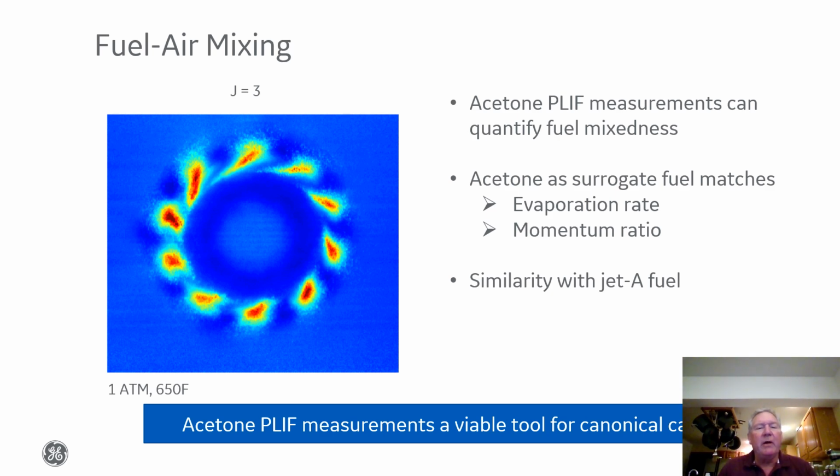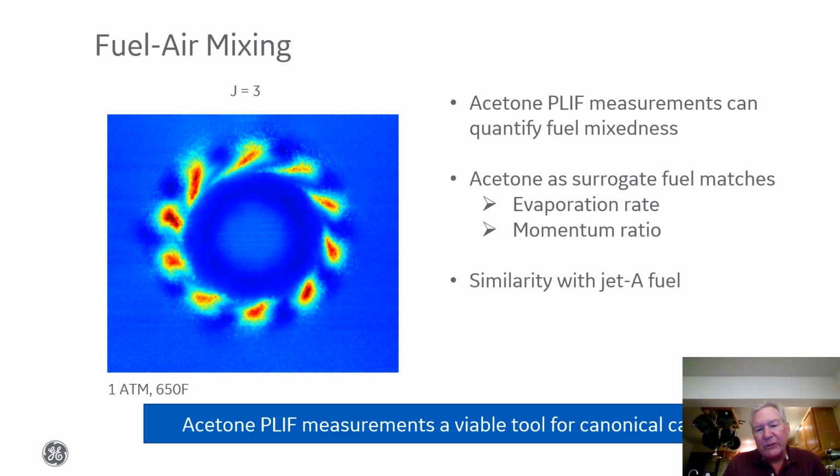This is an example of a measurement that's also of great value, and this is a measurement of fuel air mixing downstream of a lean burn fuel injector. So in this case, we've used acetone as a fuel surrogate in a non-reacting experiment. So the acetone acts as a surrogate.